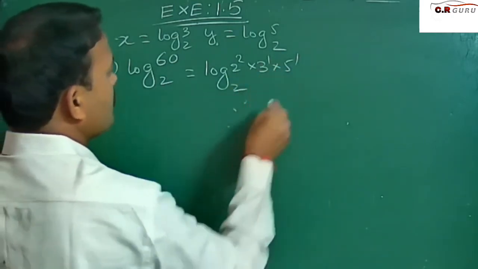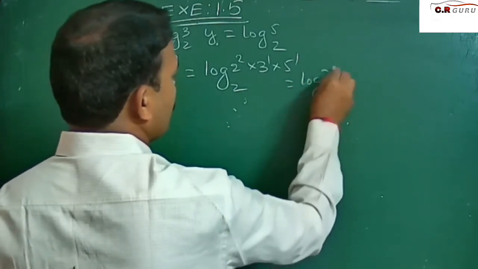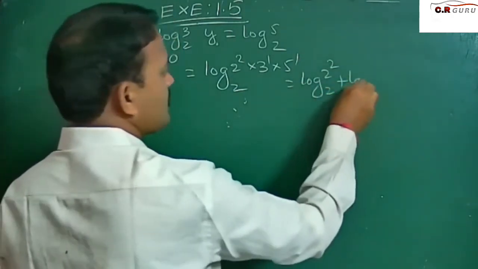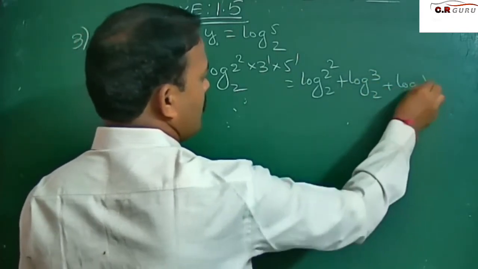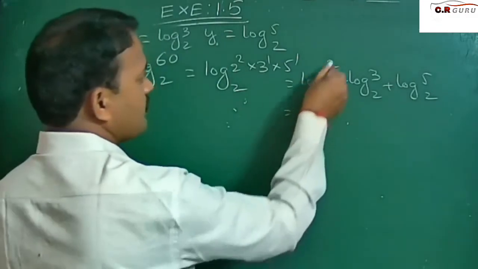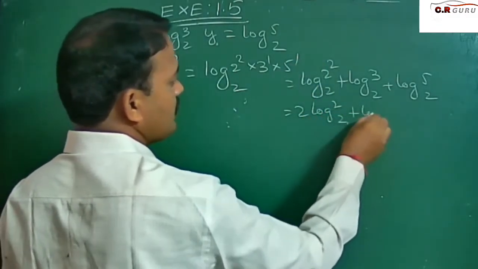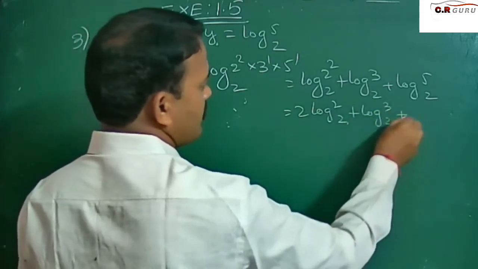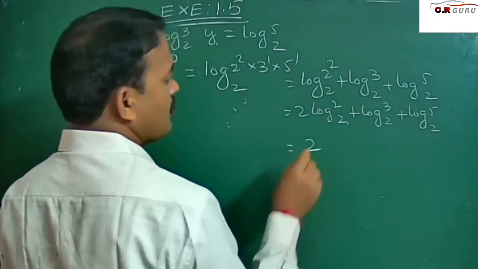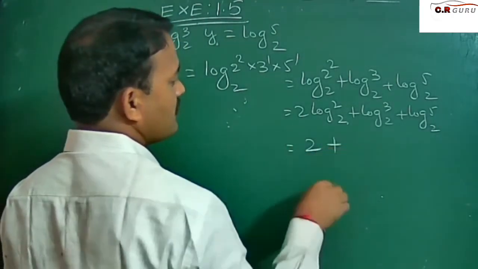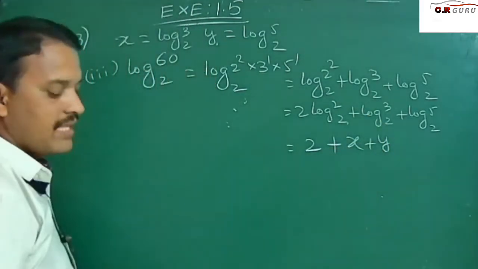So that equals log of 2 square base 2 plus log 3 base 2 plus log 5 base 2. This is 2 into log 2 base 2 plus log 3 base 2 plus log 5 base 2, which equals 2 plus x plus y. So this is the value of the third one.